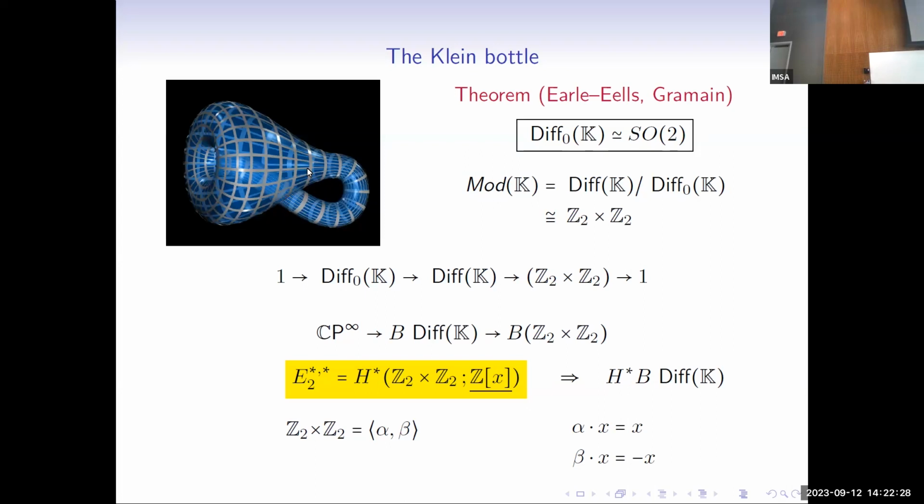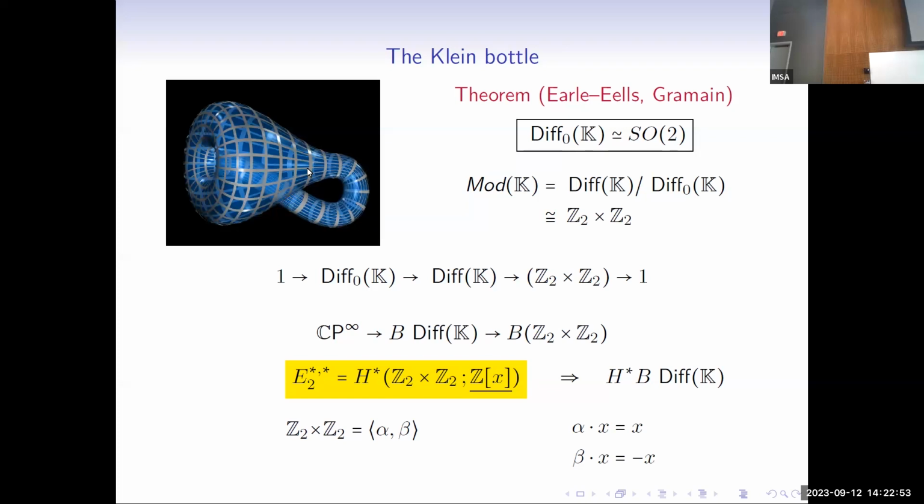So we look at the exact sequence defining the mapping class group here, and pass to classifying spaces, right? So we have a fibration with fiber CP infinity. The base is the classifying space of C2 cross C2, right? So we have a spectral sequence with E2 term given by the cohomology of C2 cross C2 with coefficients in the cohomology of CP infinity.